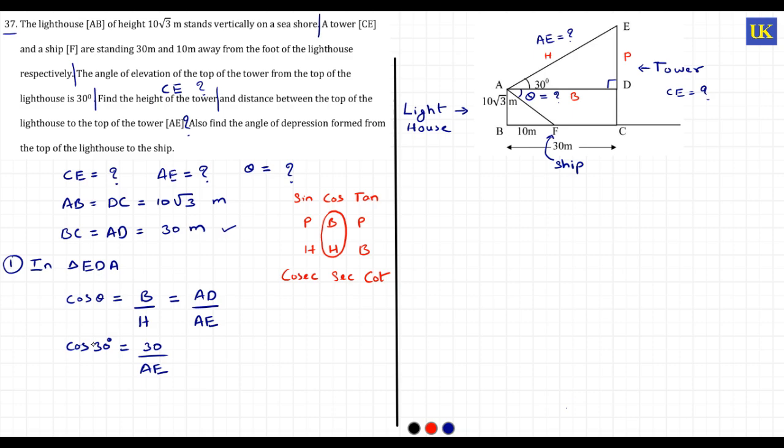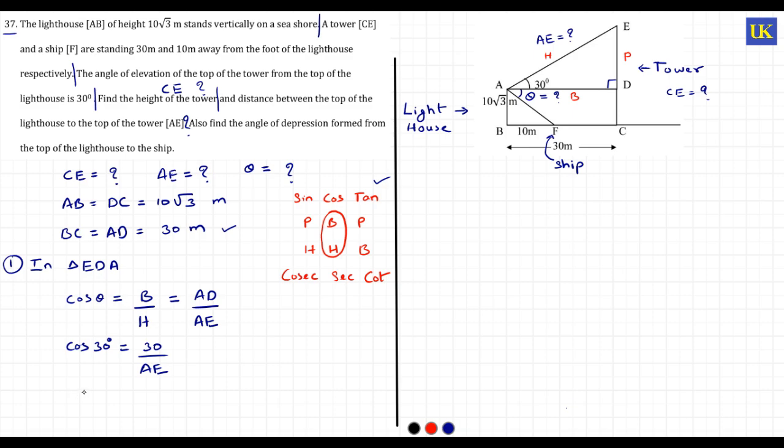Now cos 30 degrees. There is a table for specific angles of trigonometry, which you need to remember. I have explained how to remember the table with a trick. With that trick, you can easily remember the table. You can watch my other videos wherein I have explained how to remember these formulas and even the trigonometry table.